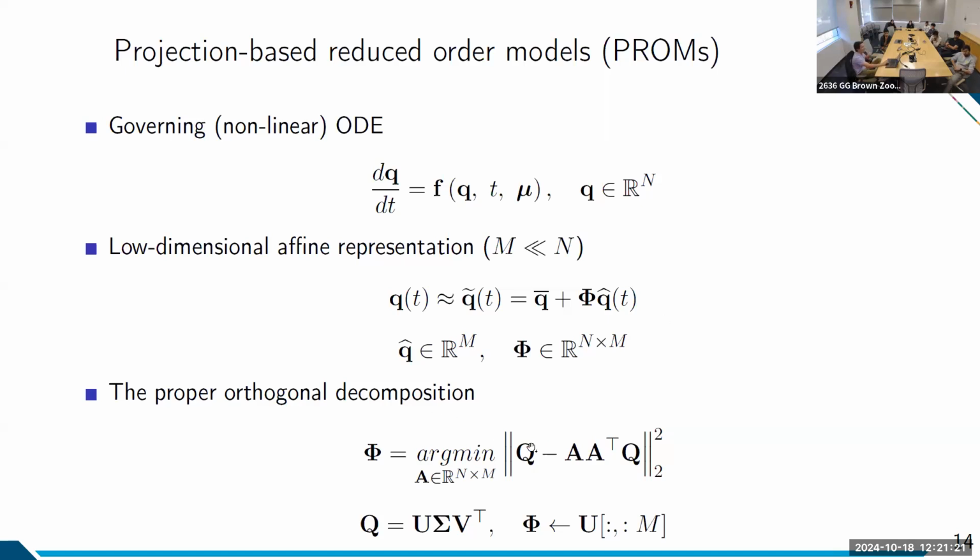All this is doing is collecting data snapshots, capital Q, from some series of simulations of your system and learning the basis that is the L2 optimal projection of those data snapshots onto a rank M subspace. And that has a very simple solution where you're just taking the SVD of your data snapshot matrix and taking the first M columns of your left singular vectors.